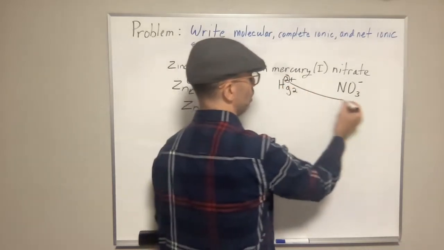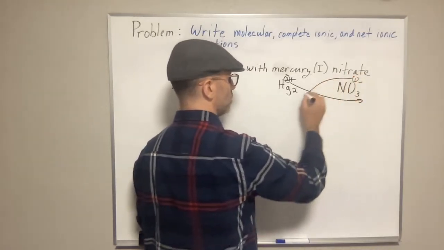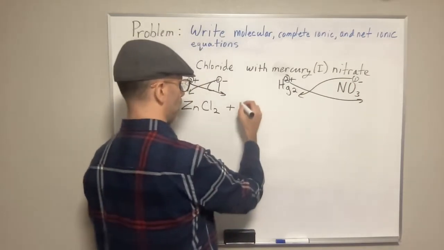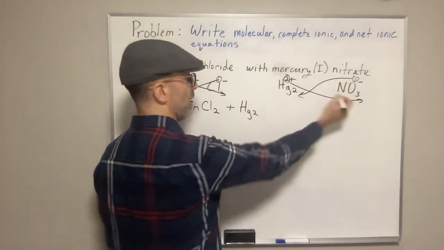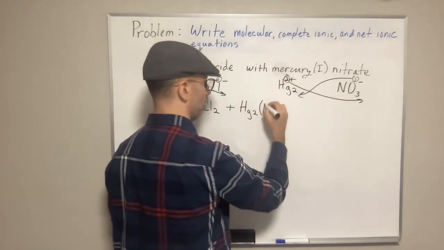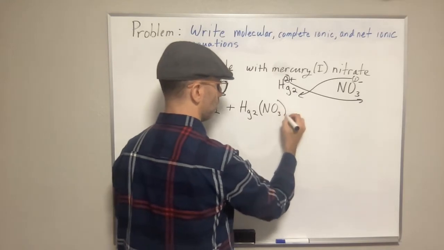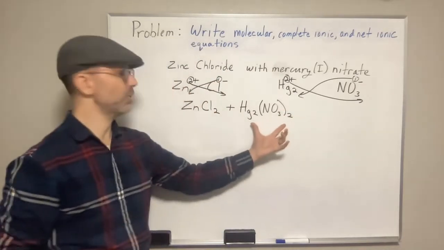So the 2 would be a subscript over here, and the 1 would be a subscript over here. We don't write the 1. So the way this would look would be Hg2, and then parentheses, NO3, 2.